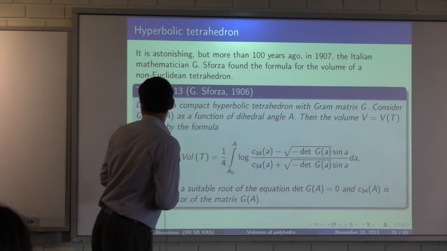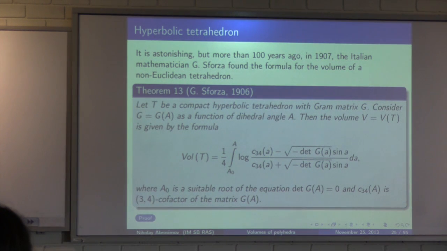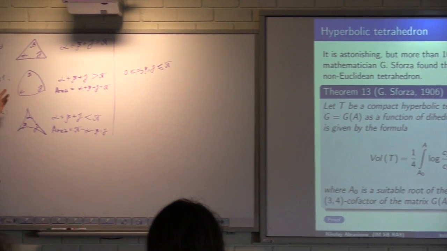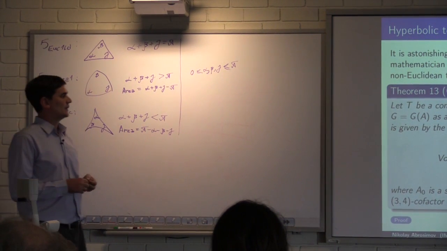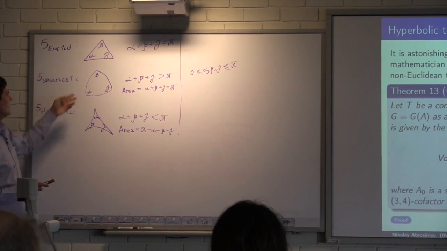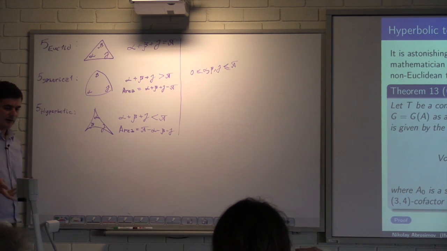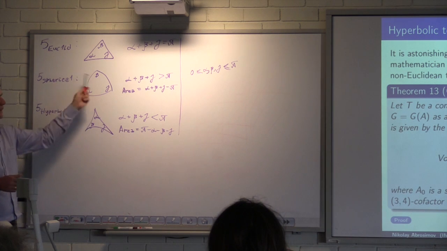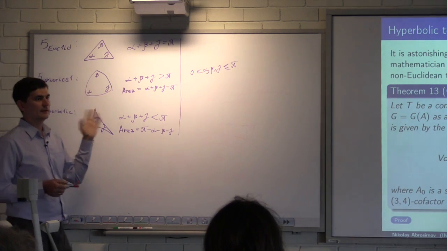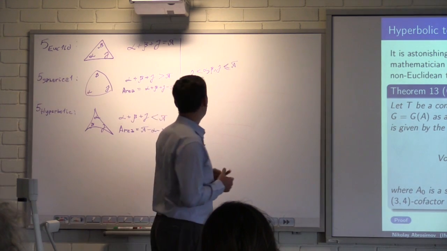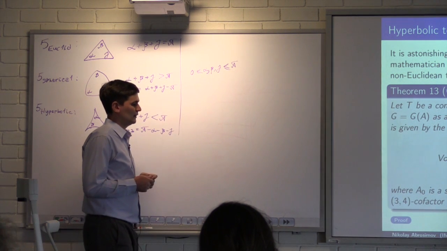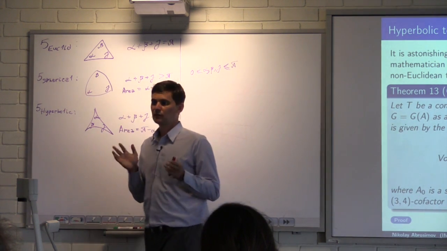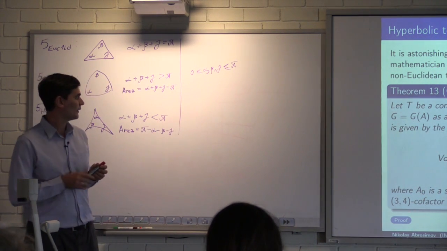So you remember that in hyperbolic and spherical spaces, a triangle is defined absolutely by the set of its plane angles. The same for polyhedra. Any spherical or hyperbolic polyhedron is defined absolutely by the set of its dihedral angles.